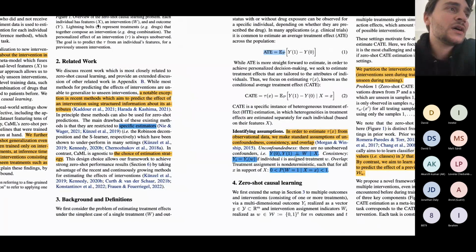What this assumption is saying is that if you know the description of the individual, then knowing which treatment is performed should give you no additional information for knowing what the outcome for the individual would be if they are treated, which is Y1, versus if they're not treated.